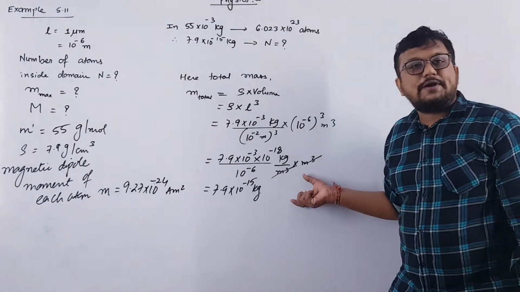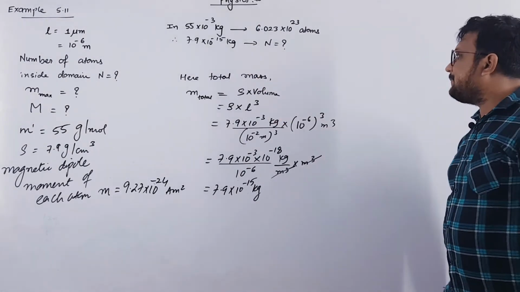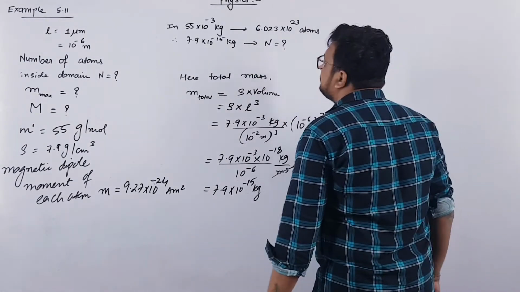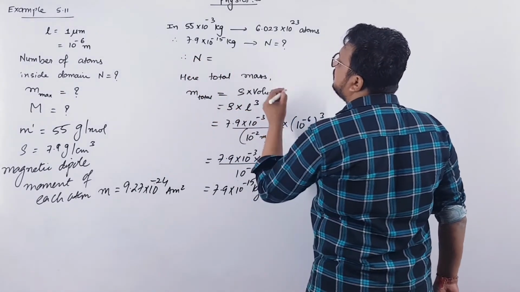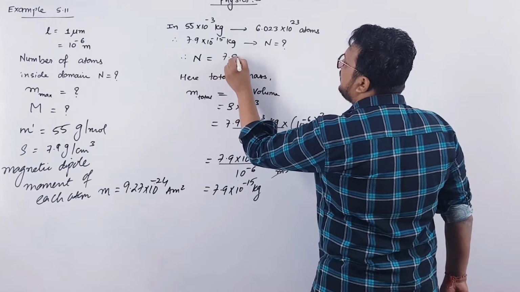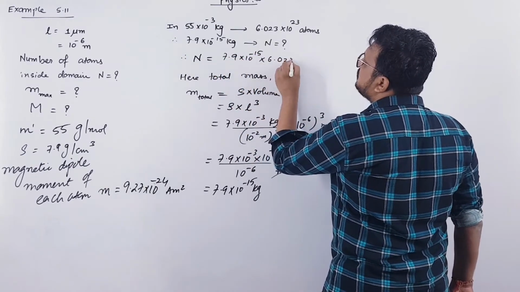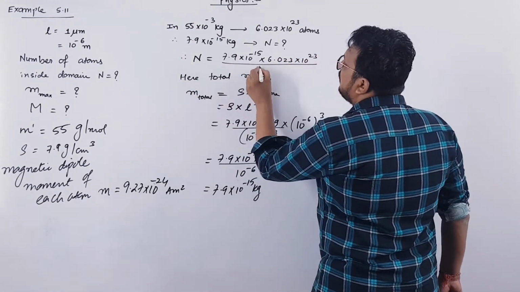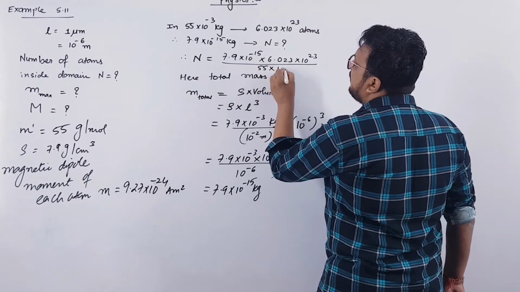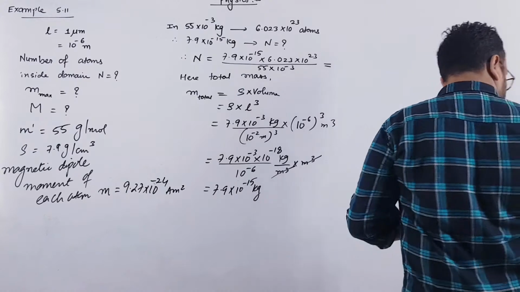Here we have calculated total mass, and we are going to use that in the formula. So N will be equal to 7.9 into 10 to the power minus 15 into 6.023 into 10 to the power 23 whole over 55 into 10 to the power minus 3. So this will be equal to, let us use calculator.